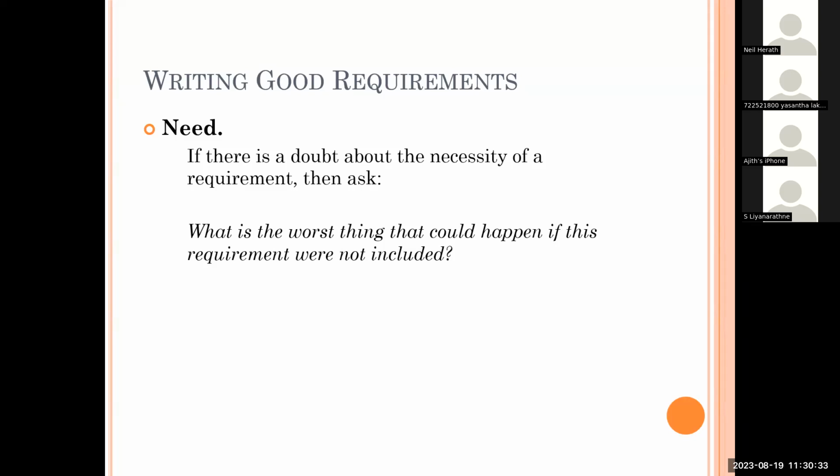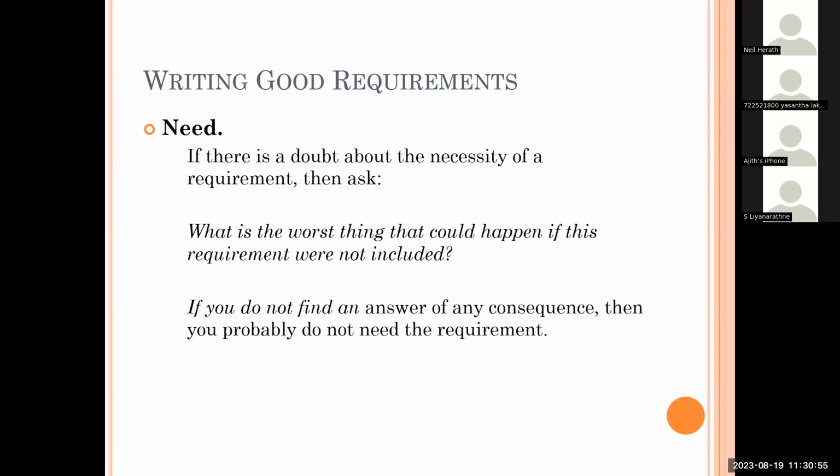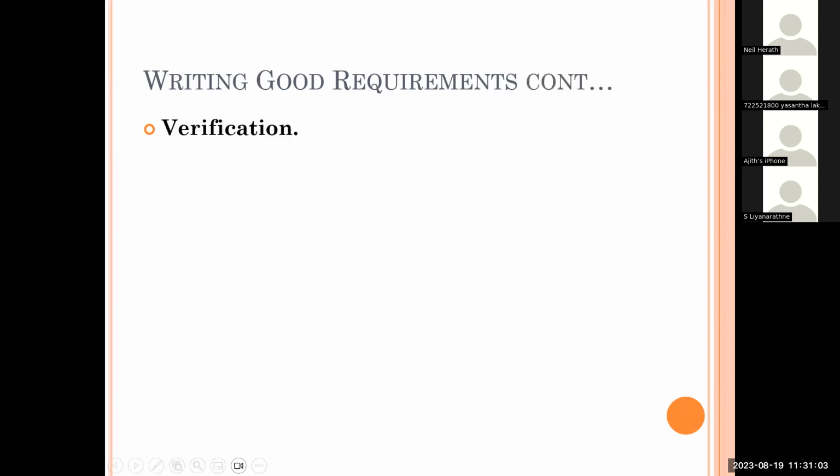Then there is no point verifying the customer's telephone number. So if there's a doubt whether a feature or requirement is necessary, you have to ask, what is the worst thing that could happen if this requirement is not included? And if there is no proper answer, then the customer or the stakeholder probably does not need that requirement.